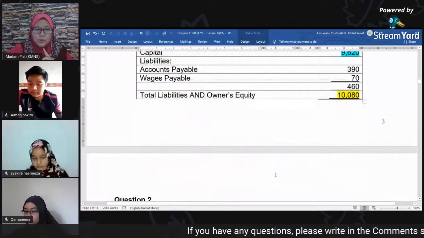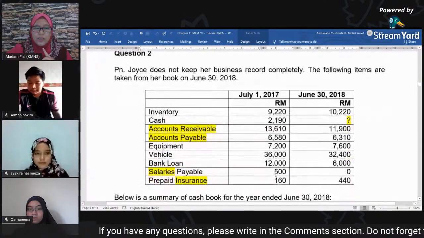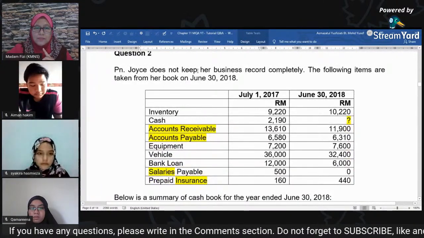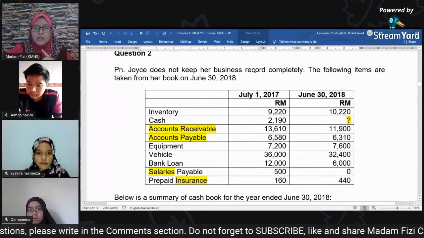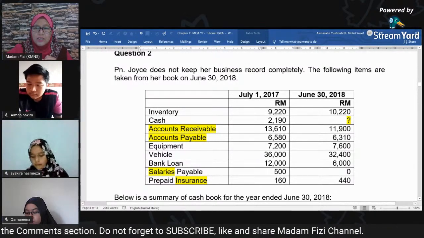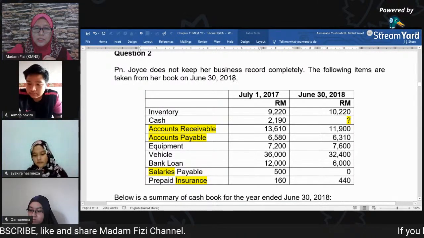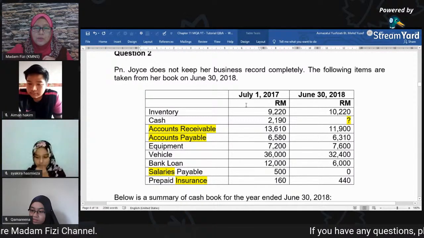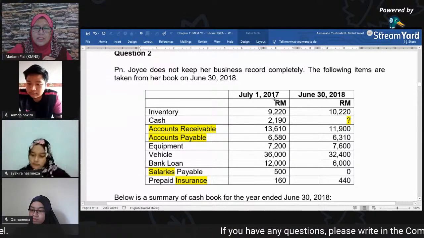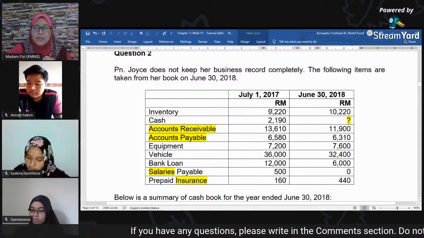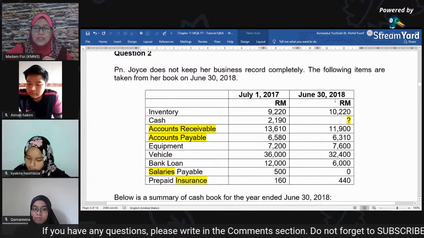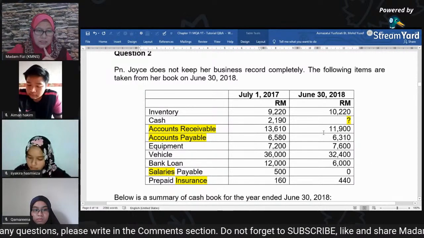Okay, question number 2. Puan Joyce does not keep her business record completely. The following items are taken from her book on June 30th, 2018. So July 1st, 2017 is the opening balance and June 30th, 2018 is the closing balance.